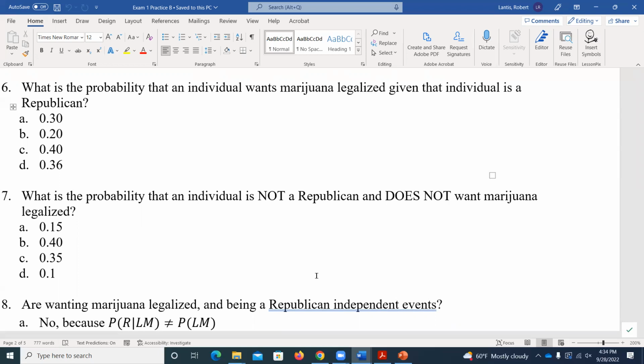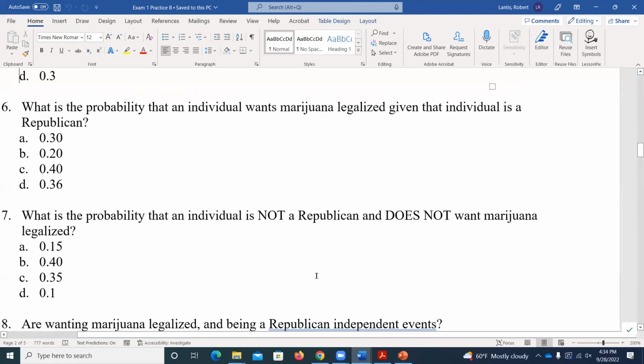Intersection is the word and, right? I think of the union as looking like a U, and the intersection is an upside down U. So here I want to know, are they not Republican? Remember, complement just means not. So R complement, not Republican, and they don't want marijuana legalized. This is our intersection.